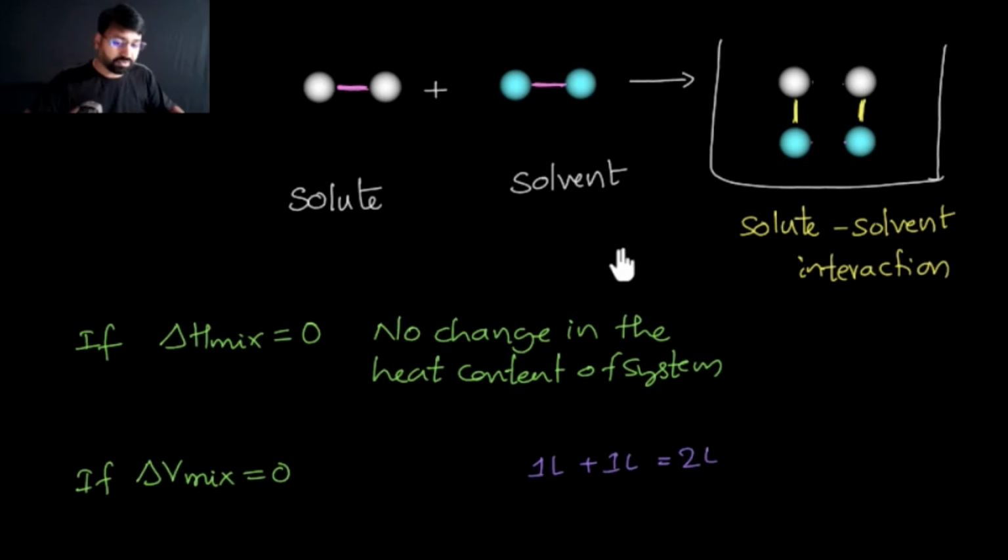The condition is that the interactions between the solute particles and between the solvent particles are exactly equal to the solute solvent interaction. In case solute solvent interaction is very strong compared to the solute-solute and solvent-solvent interactions, the volume is less than 2 liters. If the solute solvent interaction is very weak, then the volume of solution is greater than 2 liters. That we can discuss in the non-ideal solution. Don't worry about it right now.